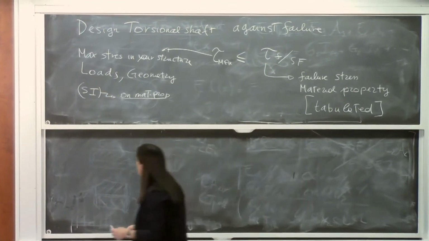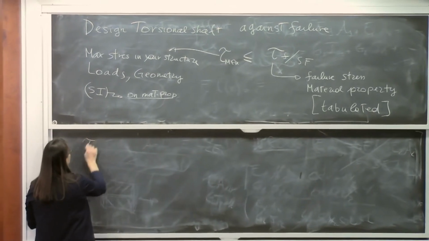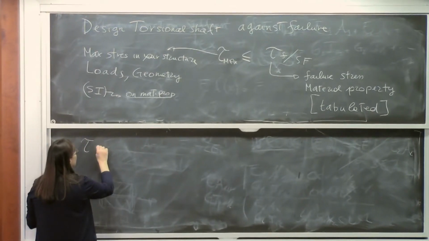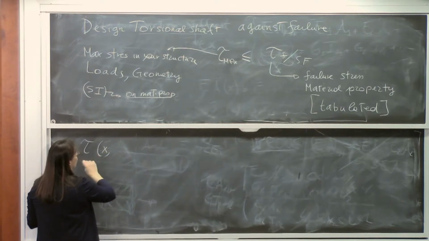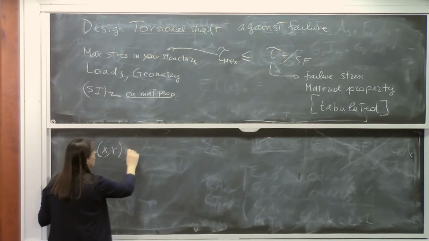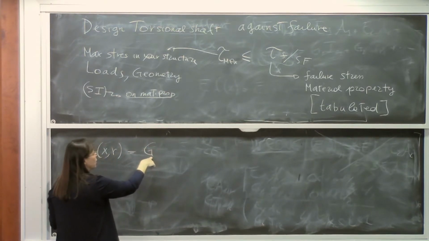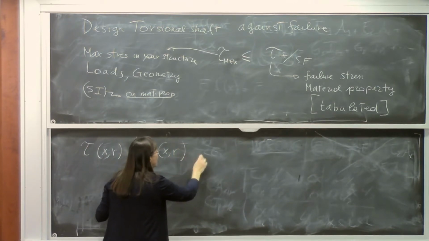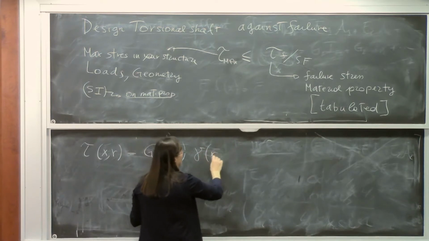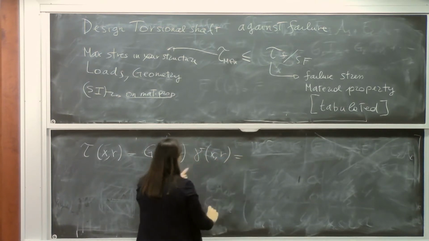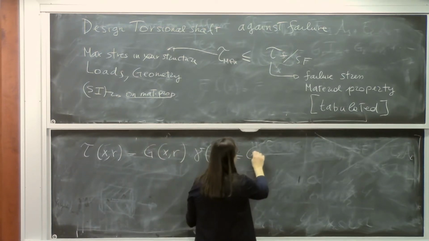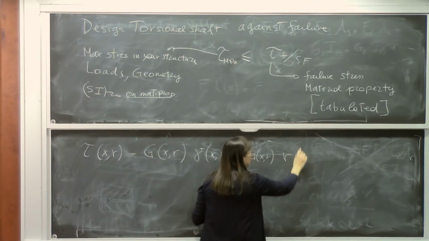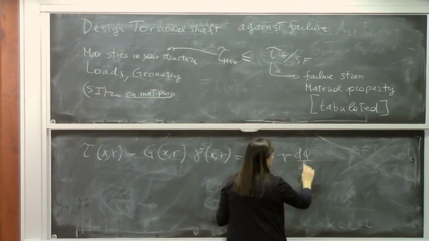So how do we calculate the shear stress in one point of the material? The shear stress at some point along the shaft at some radius r is going to be equal to the properties of the material there, G of x and r, times the shear strain at x and r. So if I substitute for the shear strain, I find G of x and r times r d phi dx.